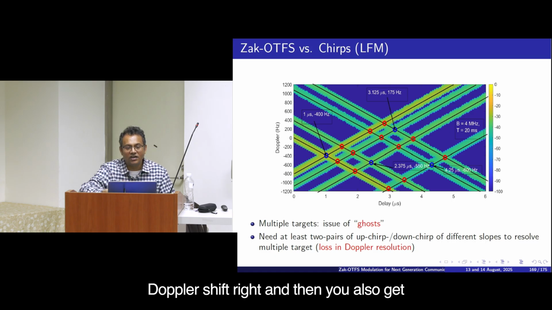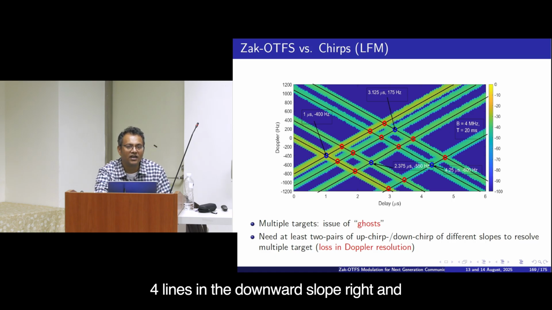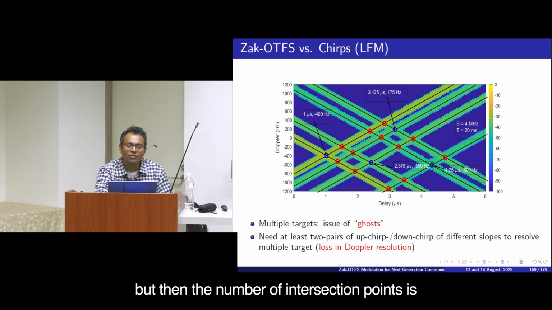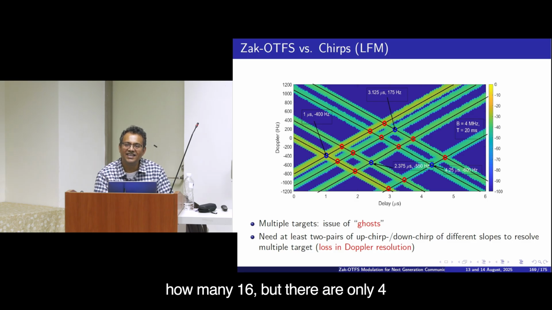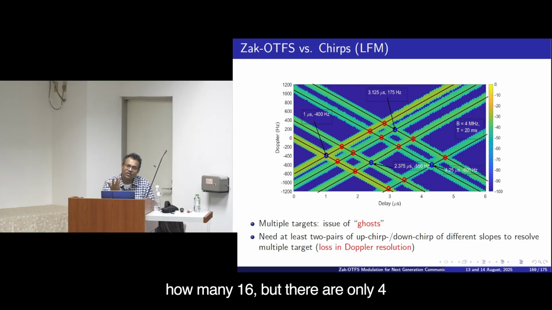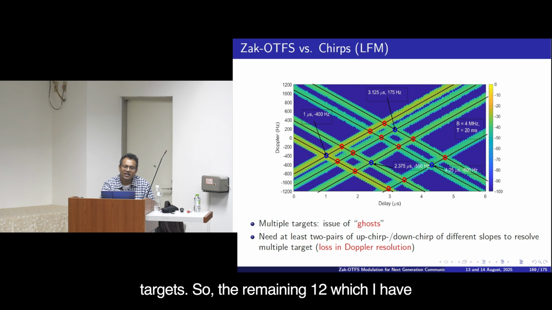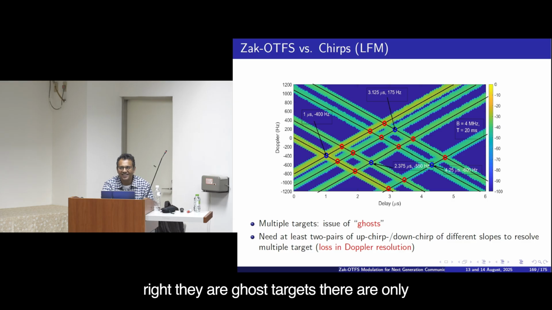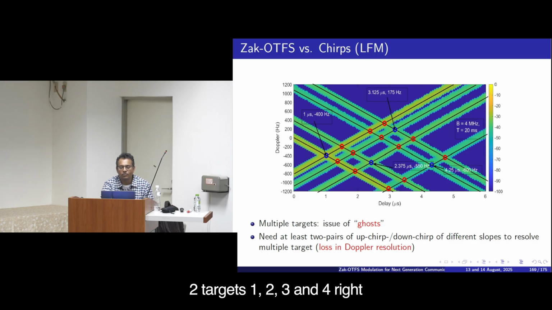And then you also get 4 lines in the downward slope. But then the number of intersection points is how many? 16, but there are only 4 targets. So the remaining 12, which I have shown in red, are what we call ghost targets. They are not really targets. There are only 4 of them which are actually the true targets, 1, 2, 3 and 4.